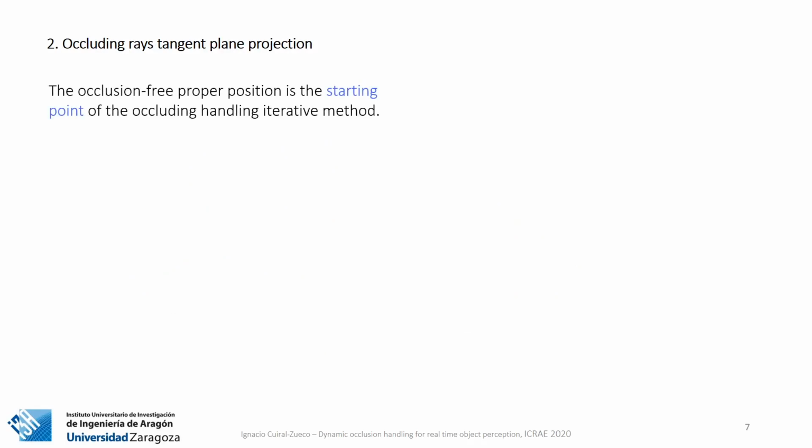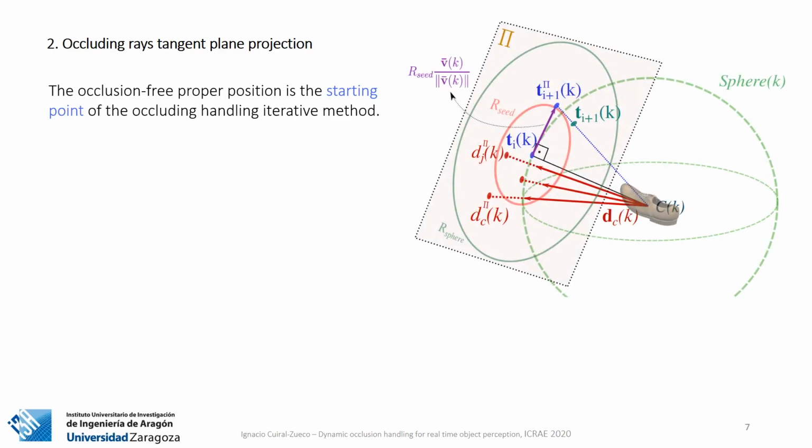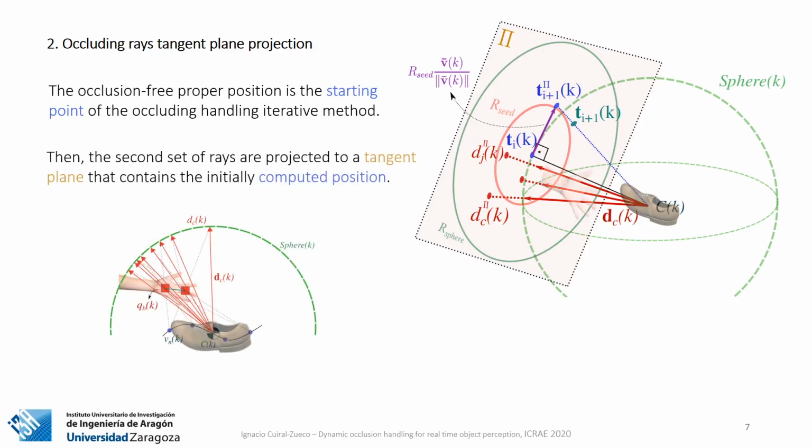This initial computation, by just using the occlusion-free position, can be used then to begin my iterative process, in which I will project the occlusion rays, this is the red rays here, on a tangent plane, tangent to the sphere, that contains my previously computed camera position.